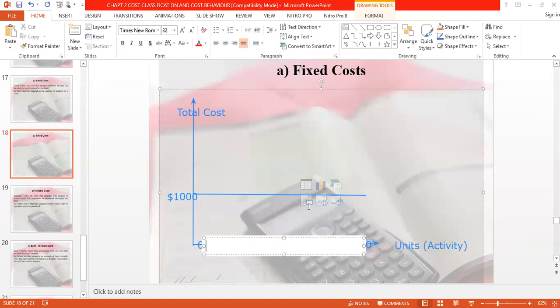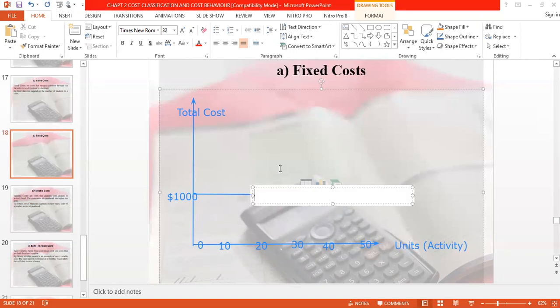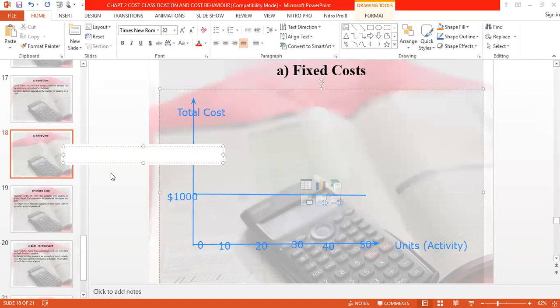Regardless of how many units you produce, it will be something like that. So for fixed costs, whether you produce 0 chairs or 10 chairs, you will still pay rent of 1,000. That is an example of a fixed cost, a cost that remains constant.